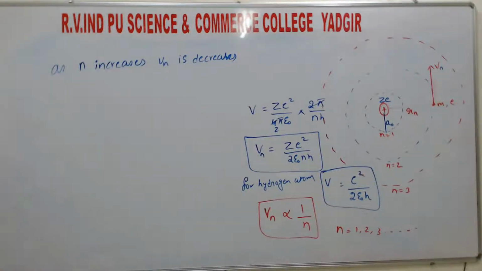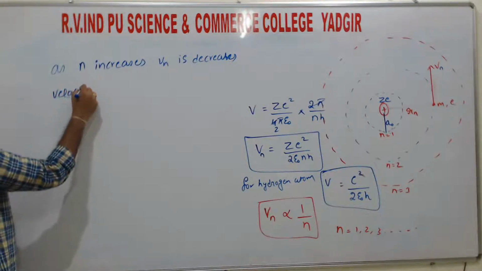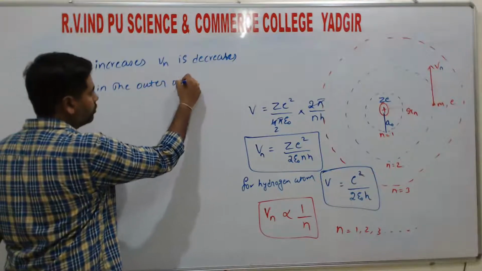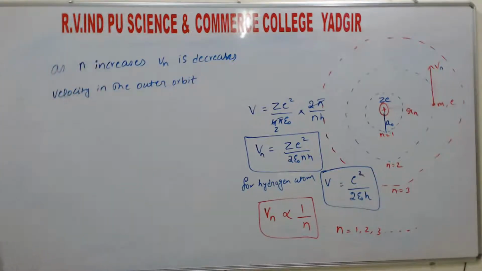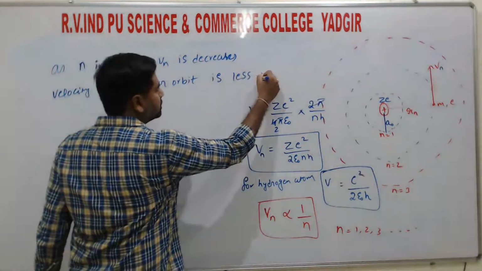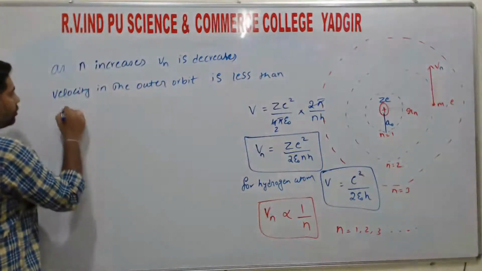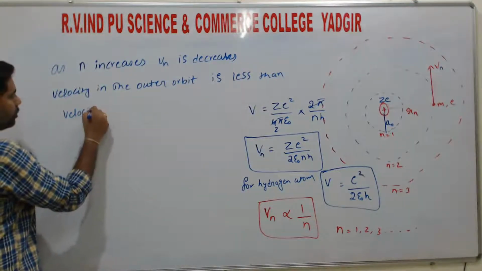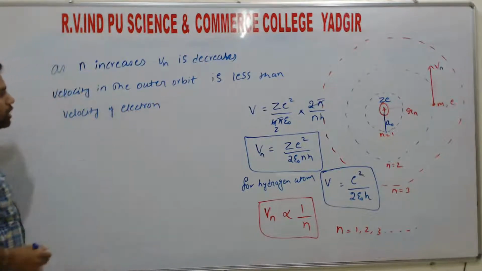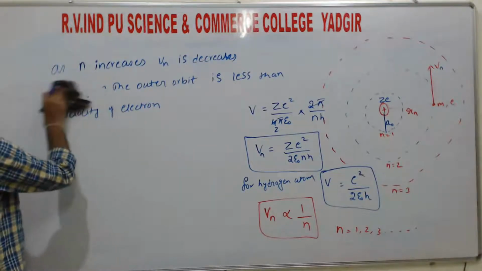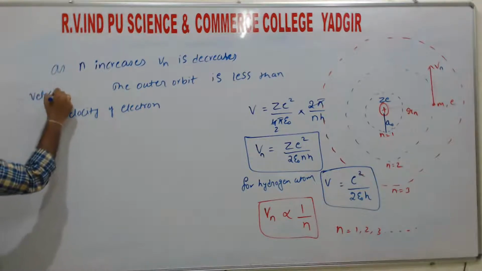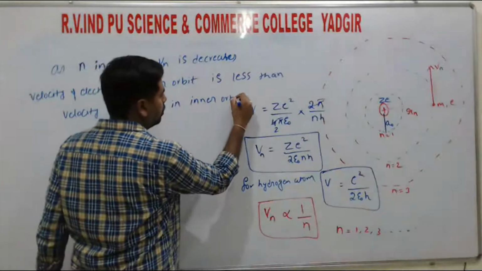That means the velocity in the outer orbit is less than the velocity of the electron in the inner orbit.